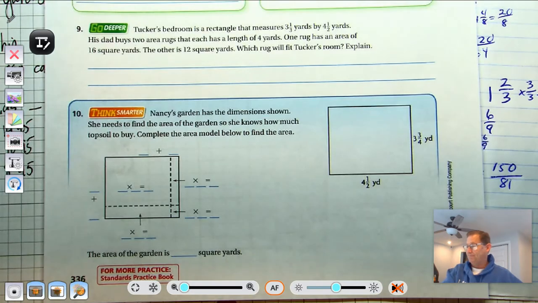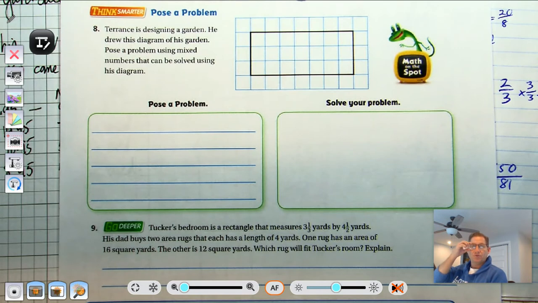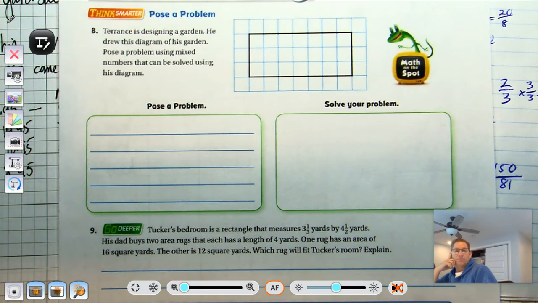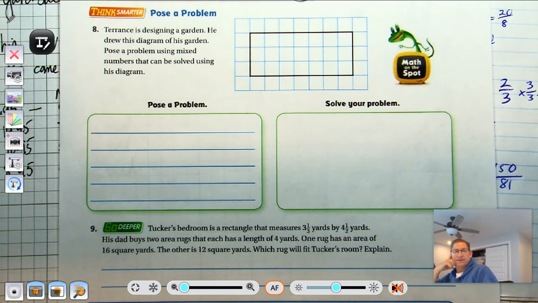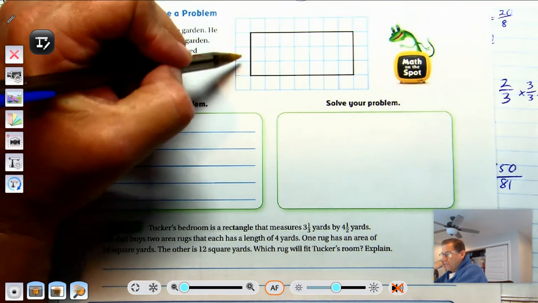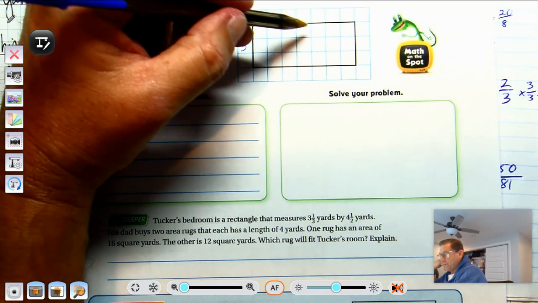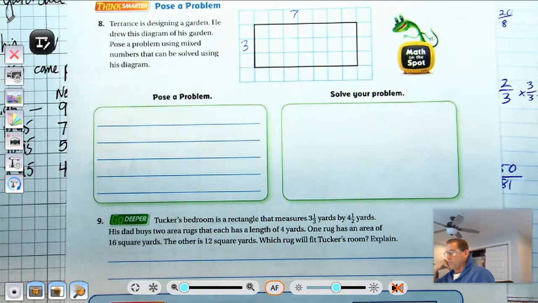All right, number 8. Terrence is designing a garden. He drew this diagram of his garden. Pose a problem using mixed numbers that can be used solving his diagram. So we have 3 of something this way, and we have 1, 2, 3, 4, 5, 6, 7 of something this way.